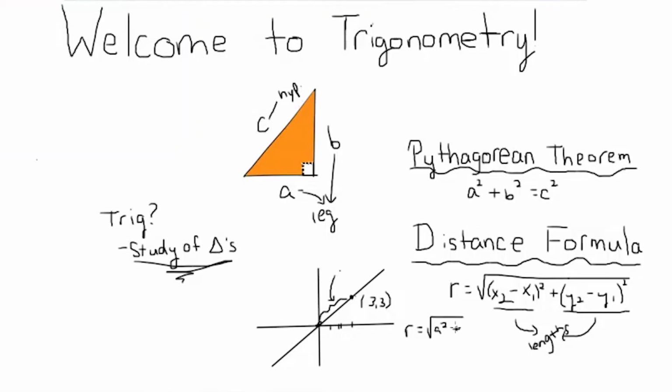This is starting to look like our Pythagorean theorem. We have A and B, and now the only thing is that we have a square root on the A and B terms. If we square both sides, we will get r squared equals A squared plus B squared. And we will notice that r squared and c squared are essentially the same. They're both the hypotenuse, because A squared plus B squared equals c squared and r squared, meaning c squared and r squared are one and the same.